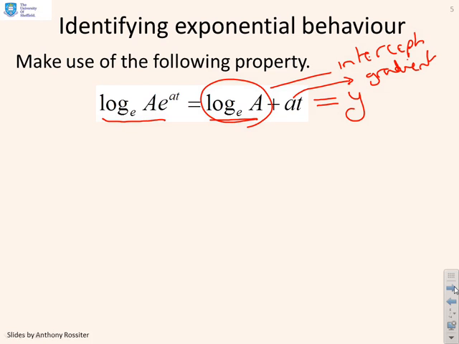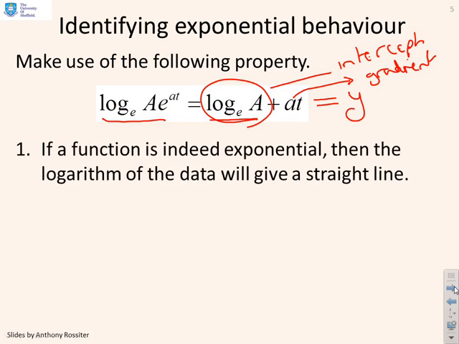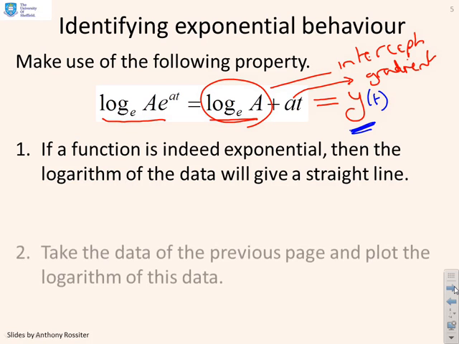So if I can find a straight line, then I can get the intercept and the gradient by inspection, and therefore I can identify the parameters capital A and little a. So if y of t is indeed an exponential function, then when I take the logarithm of y, I will get a straight line.